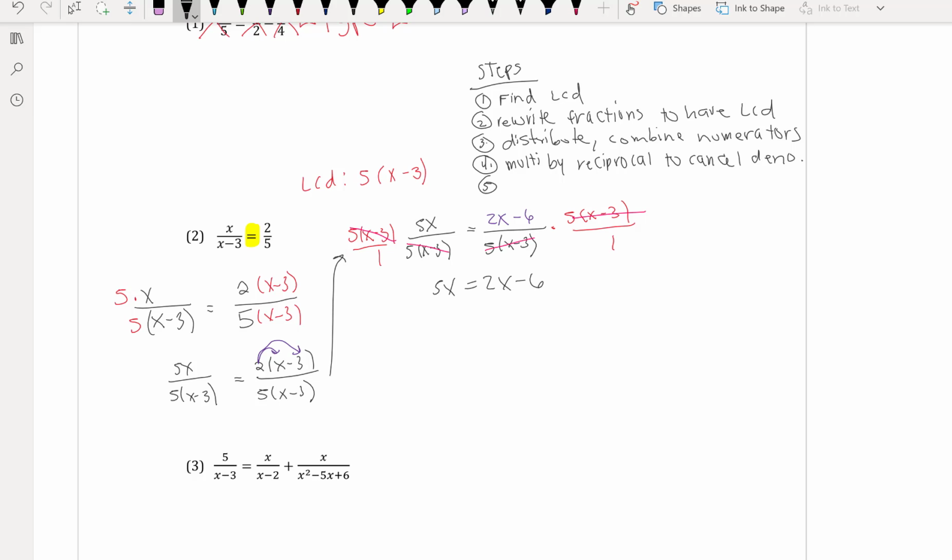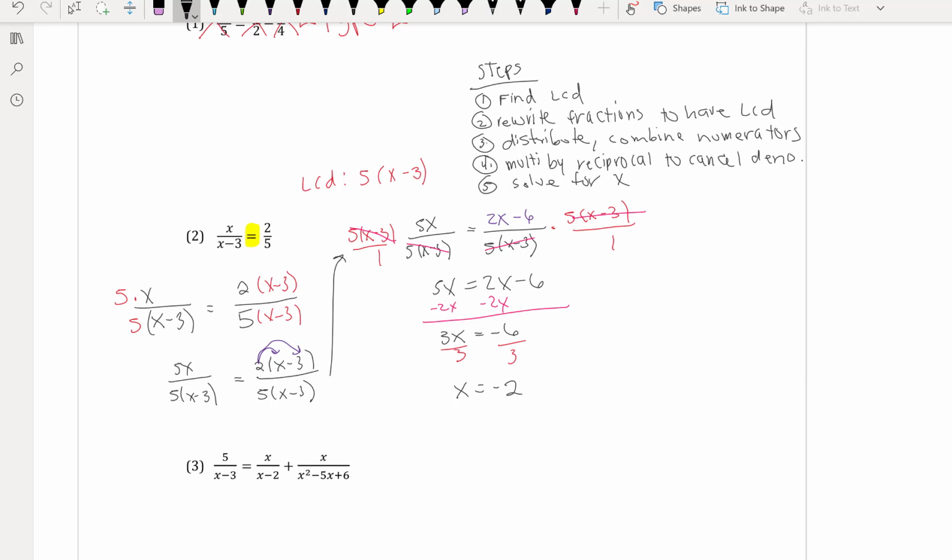For step number 5, I'm going to solve for x. I am going to subtract 2x from both sides, and I end up getting 3x is equal to negative 6. Then I'm going to divide by 3 and divide by 3, so I get that x is equal to negative 2.